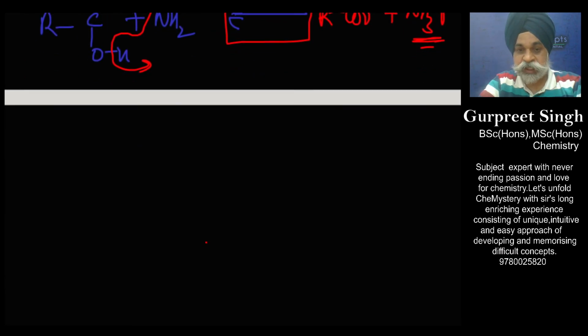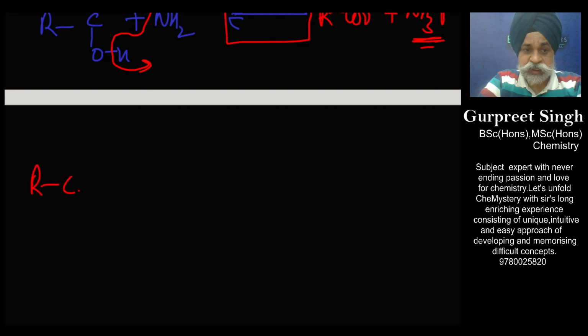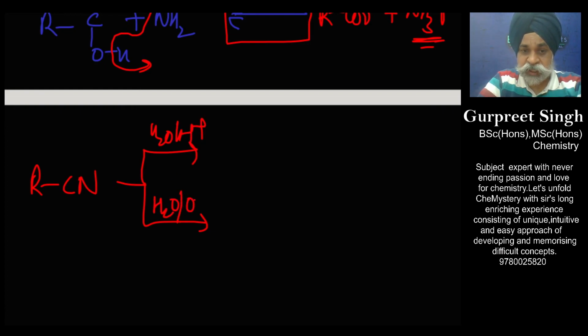So we can conclude here that if I talk of cyanides, they undergo acidic hydrolysis as well as basic hydrolysis. So both hydrolyses are possible. If you add 1 mole of water, first they would give amide. This also would give amide.